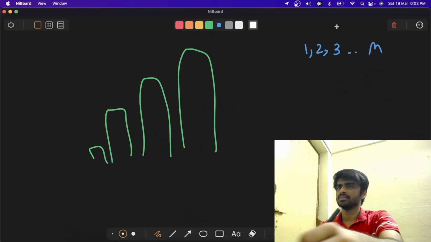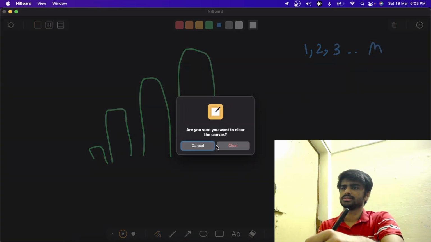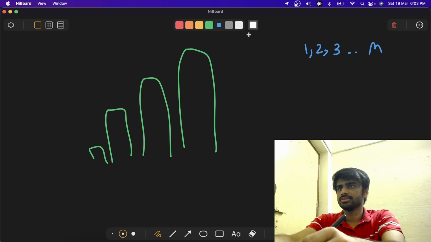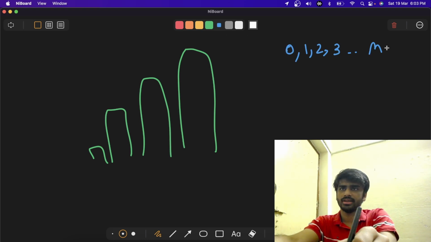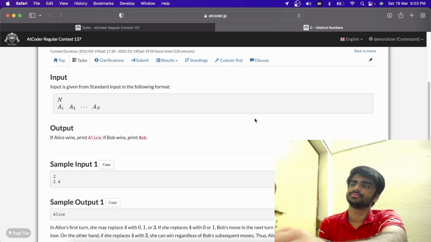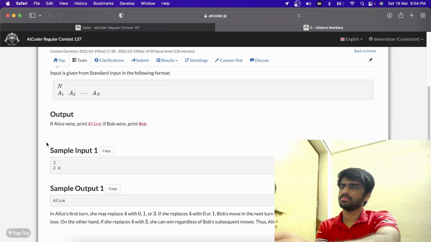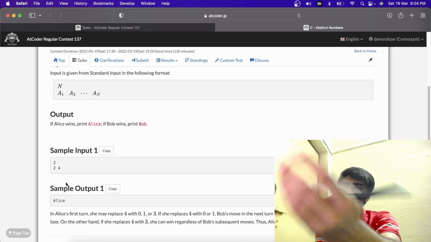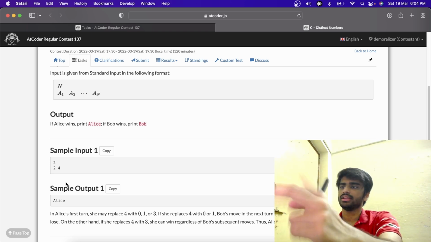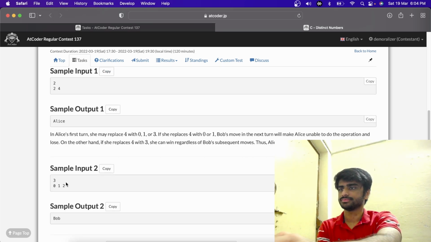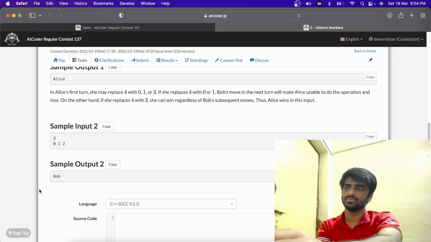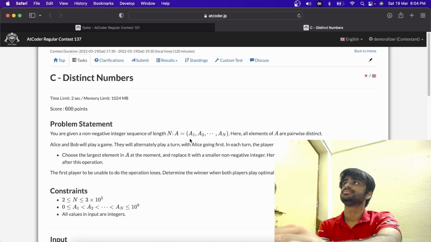Actually, the numbers will be from 0 till n minus 1. That's the same thing, it's fine. So in this, maybe Alice will decrease it to a 3, and then Bob has to definitely make a 0 or 1, and then Alice will make the other thing. Here, Alice cannot make the first move, so obviously Bob will win.